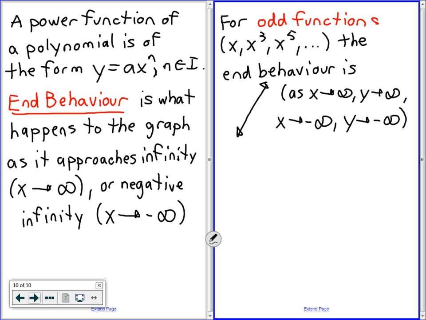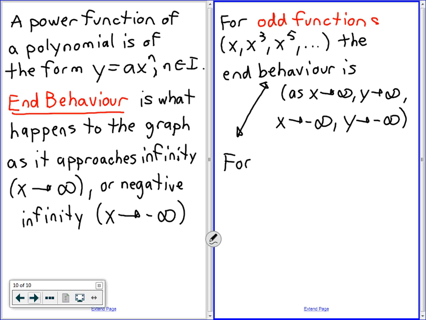Can anyone guess what's going to happen for even functions? Nobody can because you don't know yet. Now, just think. The only even function you know right now is x squared. What's the end behavior of x squared? Yeah, it's a parabola like this. X to the 4th is going to look like this, but it goes a bit differently. X to the 6th is going to look like this. X to the 8th is going to look like this.